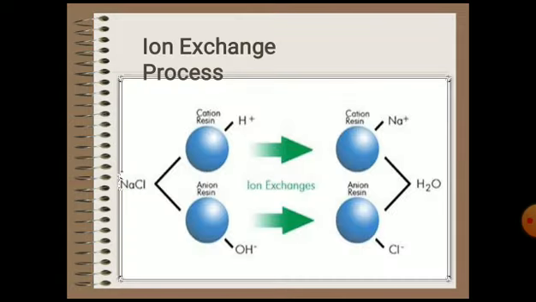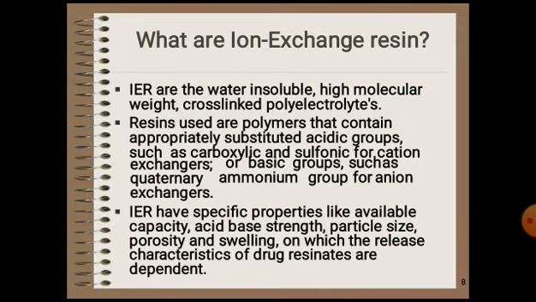I'll explain this later. So exactly what is it? Ion exchange resins are water insoluble, high molecular weight, cross-linked polyelectrolytes. The resins used are polymers that contain appropriately substituted acidic groups such as carboxylic and sulfonic for cation exchangers, or basic groups such as quaternary ammonium group for anion exchangers.